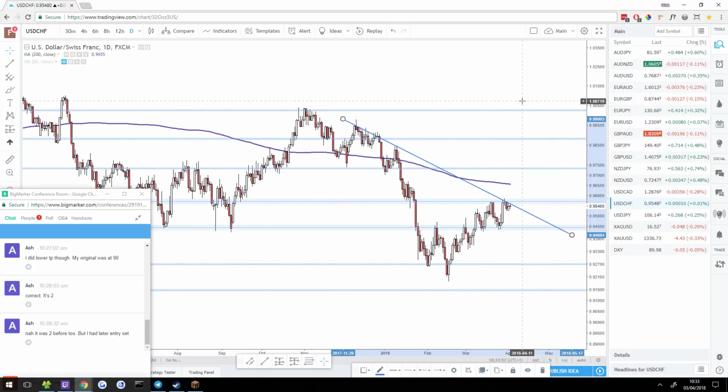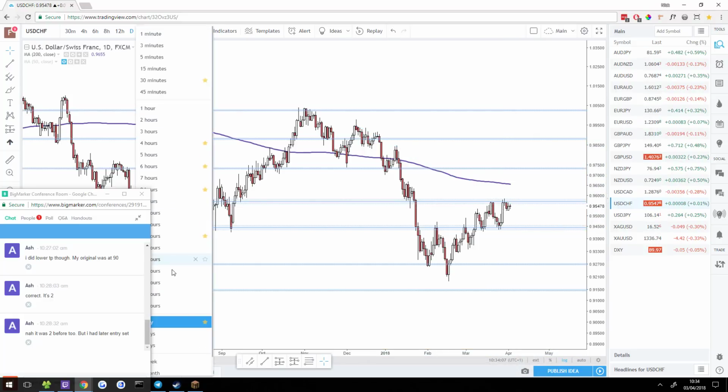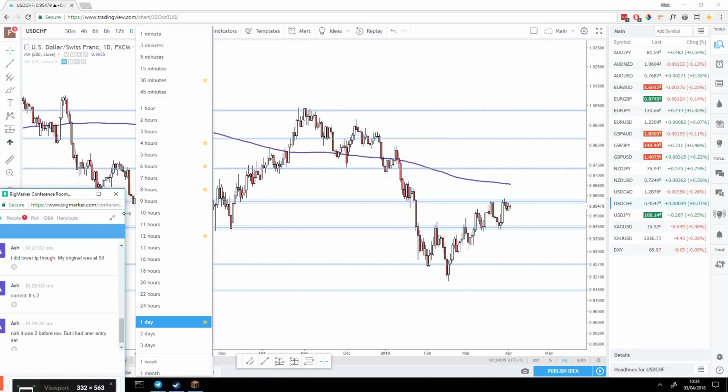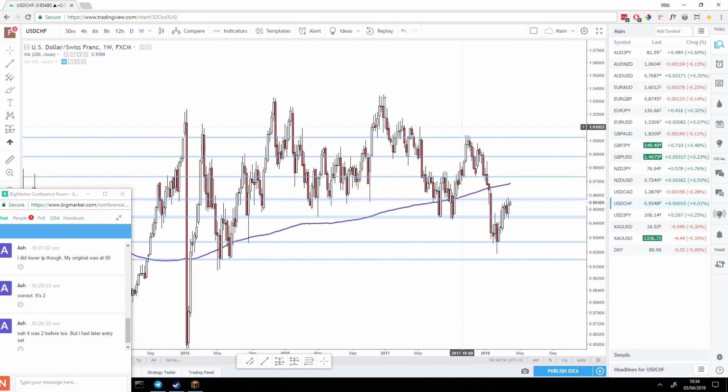But obviously, USD CHF is still potentially sloping down. And if you want an easier way to see where it's potentially trending, you could always just switch to the weekly chart. And we can see on the weekly chart it's not exactly started a strong bullish trend.